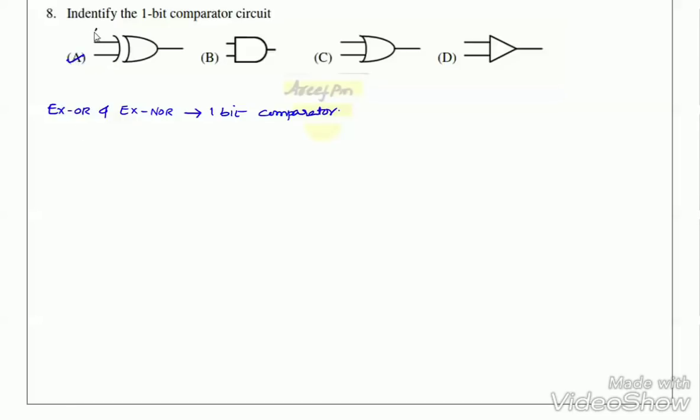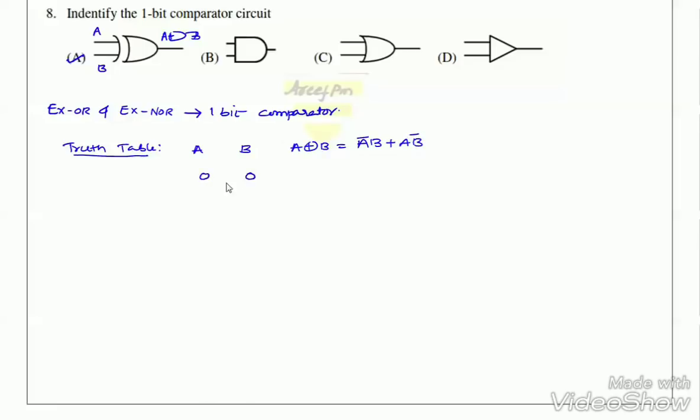Suppose let's say here we have inputs A and B. XOR means exclusive OR we have here. Now we will write the truth table for this. Truth table: A, B, A exclusive OR B, which is nothing but A bar B plus A B bar.